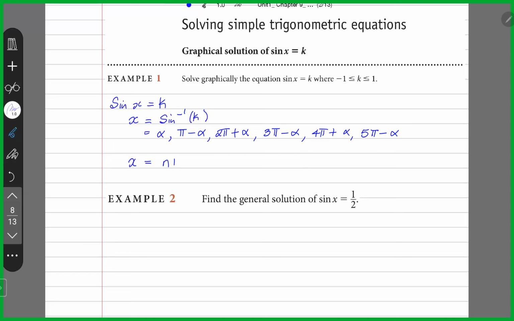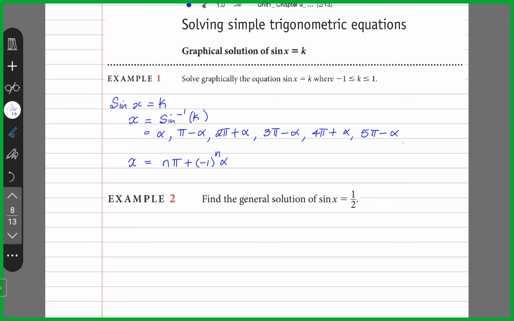So my general solution is x is equal to n pi. So we have 1 pi, 2 pi, 3 pi, 4 pi, 5 pi, plus or minus 1 to the power n, and then alpha. Now, what the minus 1 to the power n does is that it interchanges the sign of alpha.